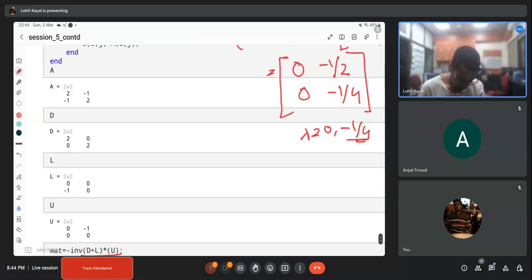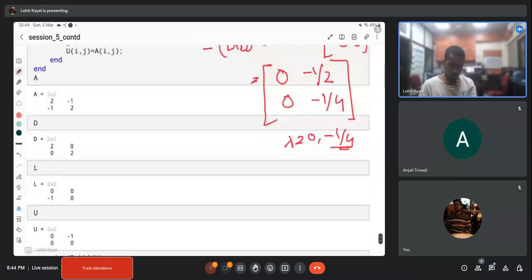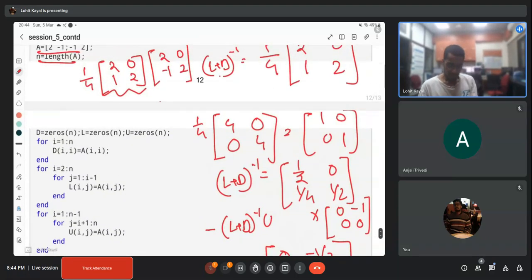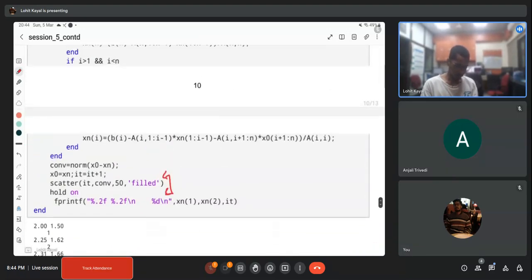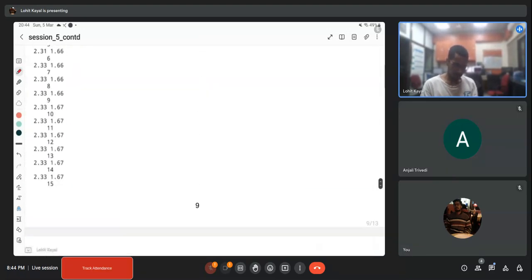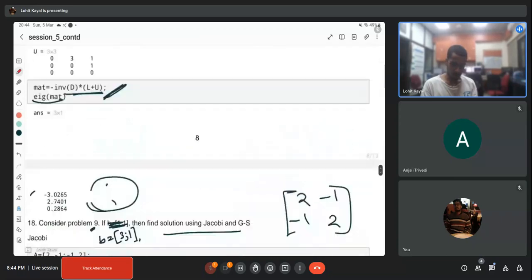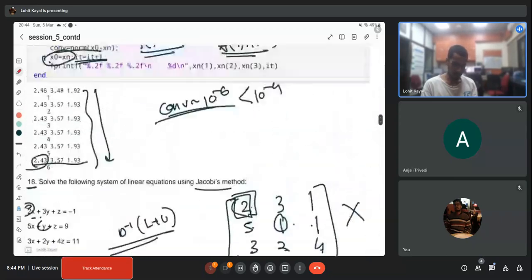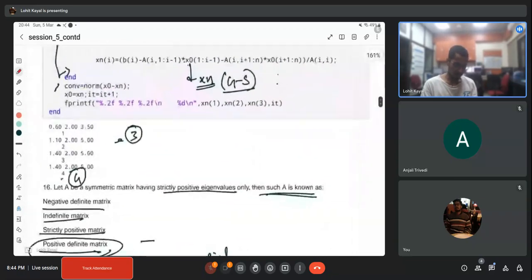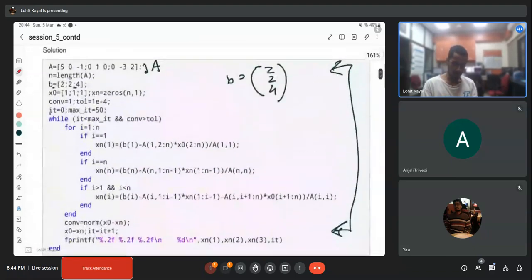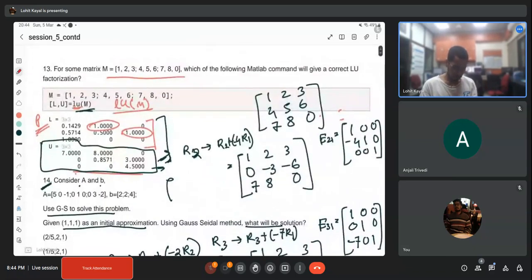So that's all that I wanted to cover for today's class. Just for a brief recap, we have solved many problems on the positive definite matrix. I will share all these documents with you.